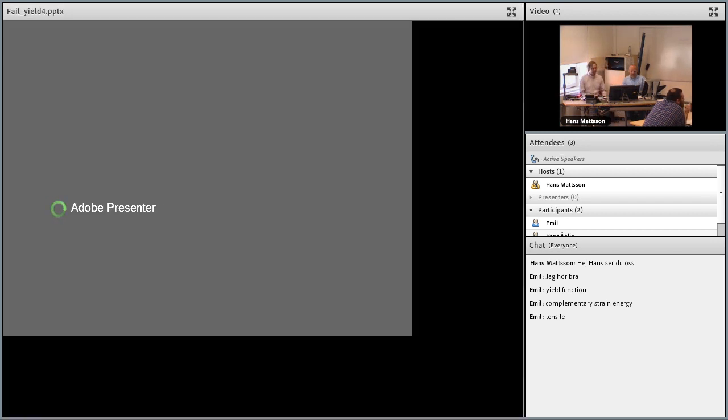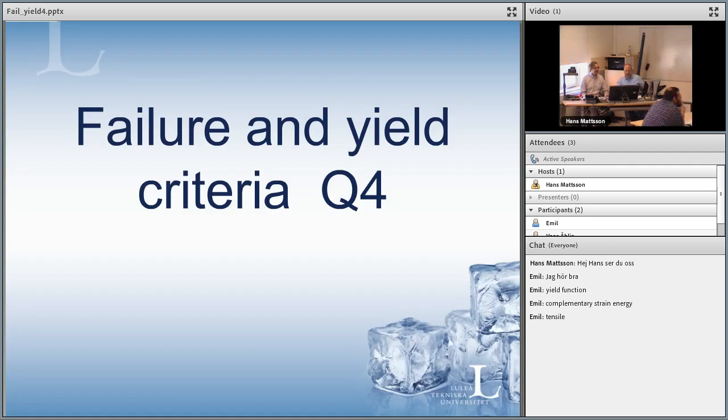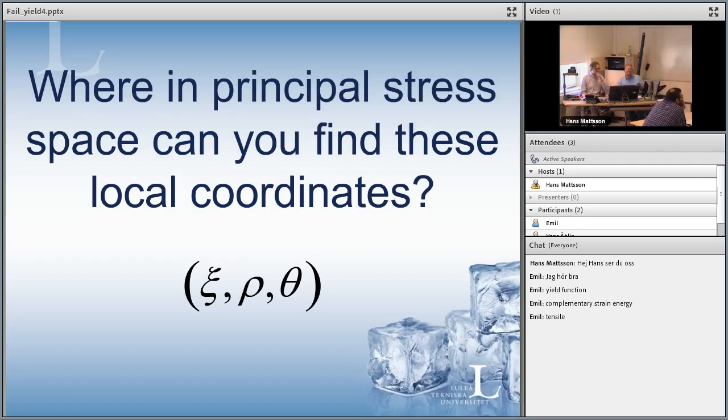Here comes the question. Where in principal stress space can you find these local coordinates? Is that your final answer?